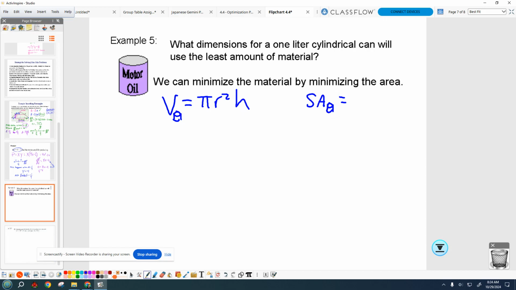Pi r squared plus 2 pi r h. Pi r squared is the area of the bottom. If we curl up a piece of paper, she said the circumference, 2 pi r, and then when we cut it open, h. I need a lid, so I have 2 circles.